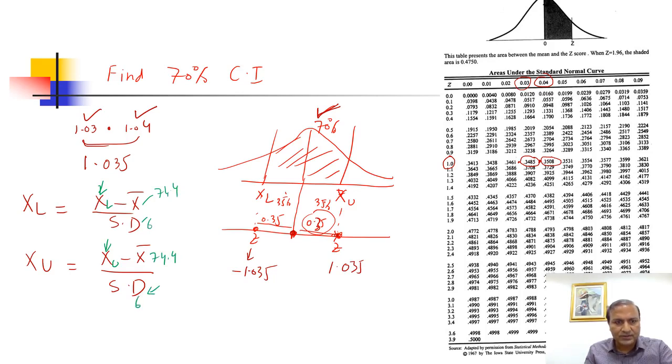This is also 6. And then this number here, sorry, this is Z. I'm sorry, I'm doing it quickly because the video is already long. So this ZL is minus 1.035, and this number here is plus 1.035. If you solve it, you will find the values of XL and XU, and that is your confidence interval.